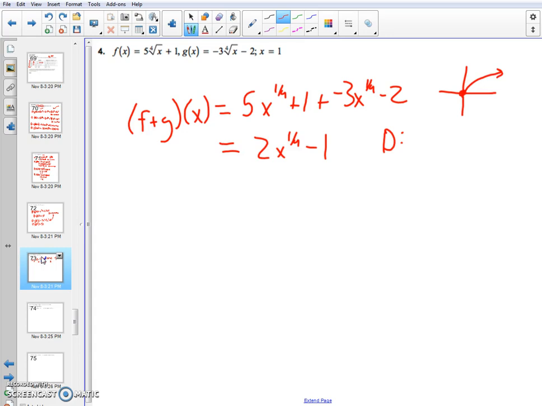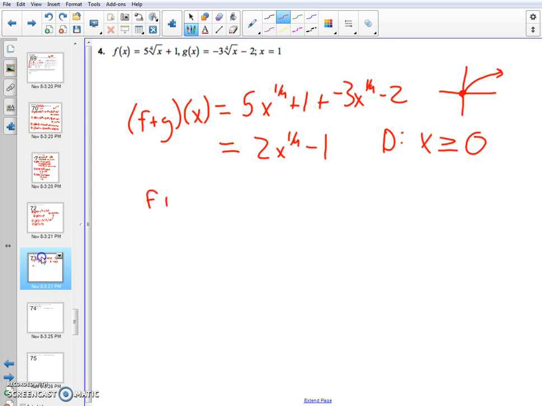So what I want to think about is, did this function move left or right at all? So I know that 2 is going to be a vertical stretch. I know the negative 1 is going to be down 1, but overall my domain is not changing. So it would be the same graph here, but down 1. So my x values have to be 0 or higher. So my domain is x is greater than or equal to 0.